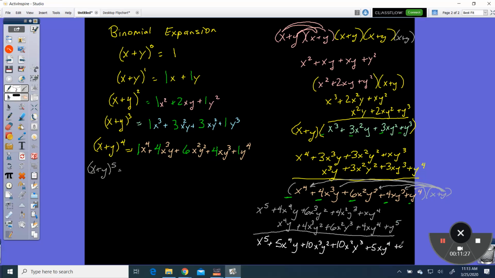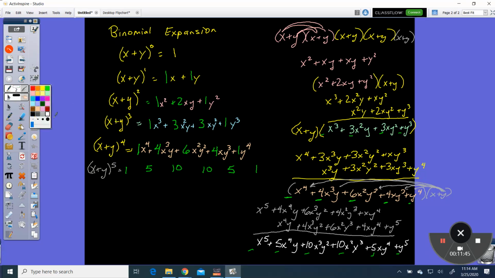And then we have y to the fifth. So again, if I write down the coefficients, 1, 5, 10, 10, 5, 1.